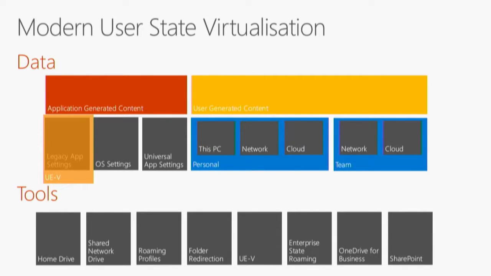Okay, so in a lot of scenarios that we're working with customers at the moment, UEV is really just used for legacy Win32 apps, capturing all the registry settings and stuff out of app data. If you are connected to Azure Active Directory, because you're using Office 365 or whatever the case is, then enterprise state roaming is an option that you can use to do the universal Windows apps as well as the OS settings.